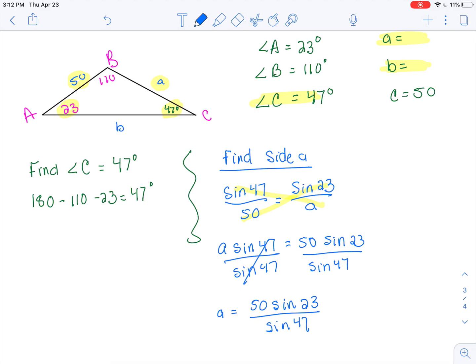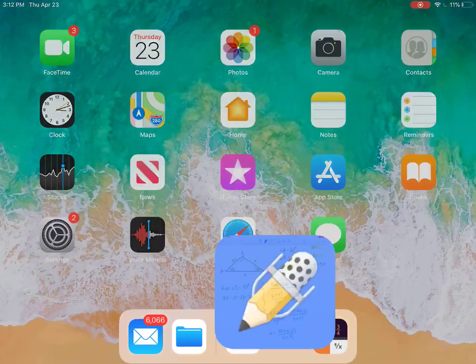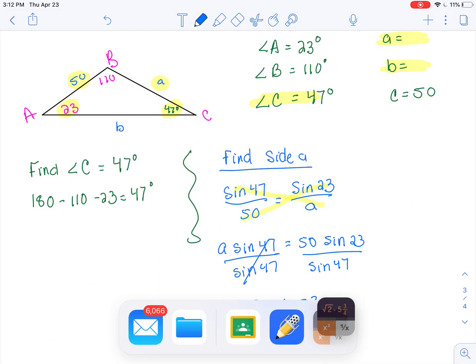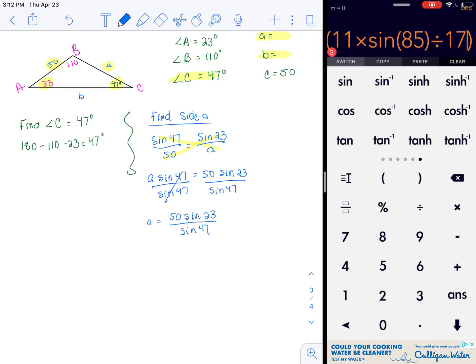And once again, I can do this on my calculator. Let's try that again. So I can now do 50 sine 23 divided by sine 47.